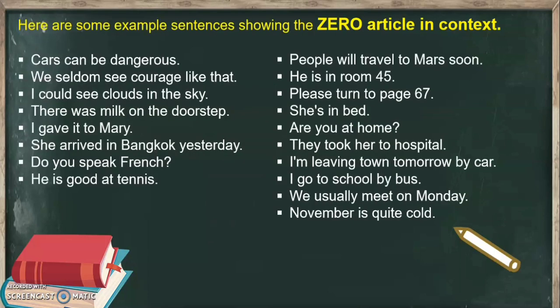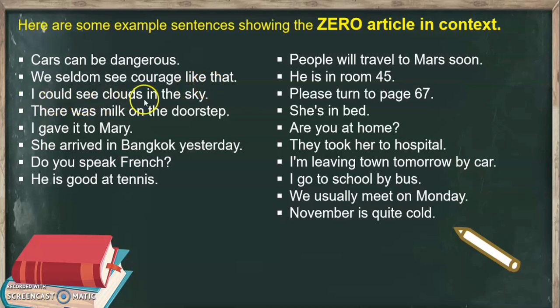Here we have more example sentences on how we use zero article in context. Just press that pause button and read. Let us read this side together, only this side. Let's read. Cars can be dangerous. We seldom see courage like that.